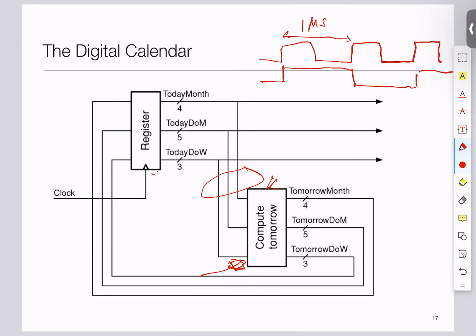And multiply by 2 would be a clock which goes like that. This can be done totally digitally using actually the very same registers.